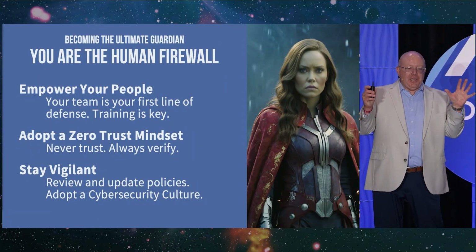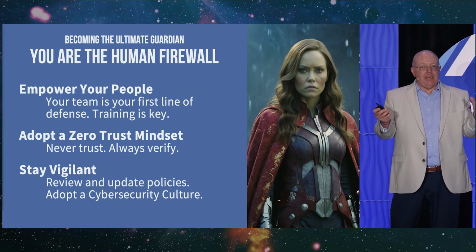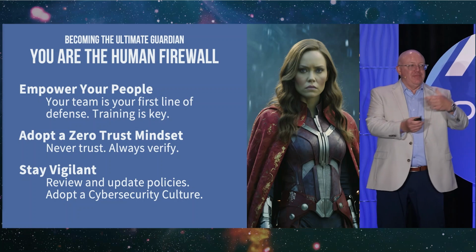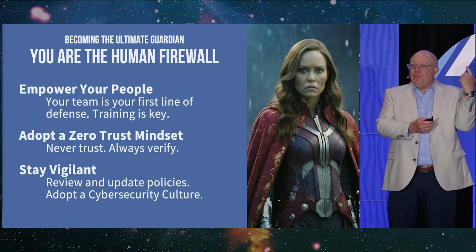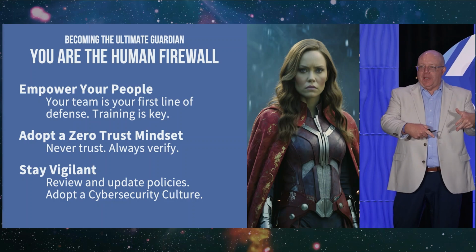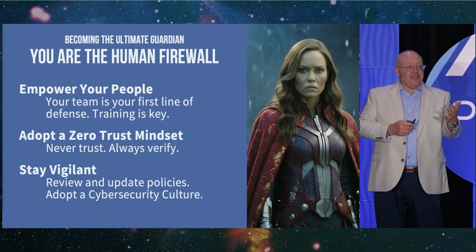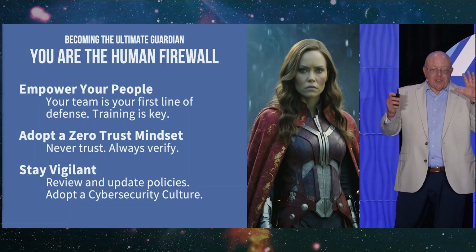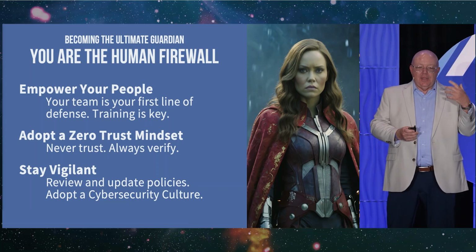All right, so we're setting you up to be the human firewall. And again, what that means is you're the first line of defense. If you remember back to that slide about the phishing attempts, 91% of all this stuff's coming through with phishing emails. 1 in 5 of you in your office, and you know who that person is, is going to click on these things. So you're empowering yourself and your people.